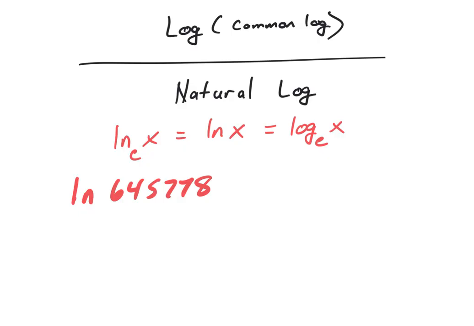If I do the LN of 645,778, it's going to give me a little bit different decimal here, which we said yesterday is 2.7, and so on. Okay, so because the base is different, my answer is different. And we can still plug that one into the calculator, no big deal. Still with ln, if I try to do the ln of -5, what are we going to get?